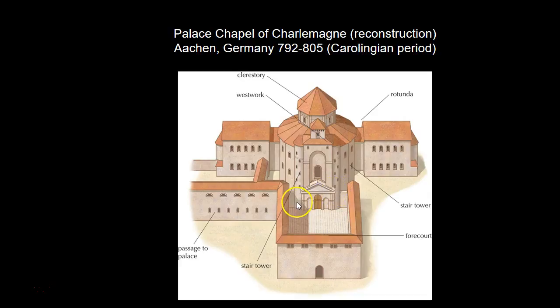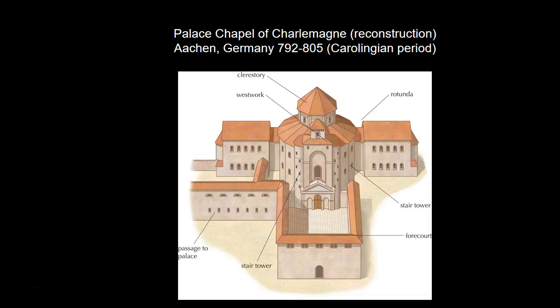So what that means is these are spiral staircases that go all the way up, right? And they become a fixture of architecture from this point forward, and they're going to change and morph a little bit in chapters 16 and 17. But these stair towers become part of what is known as a westwork. Okay, so we have the development in chapter 15 in the Carolingian period of the westwork.